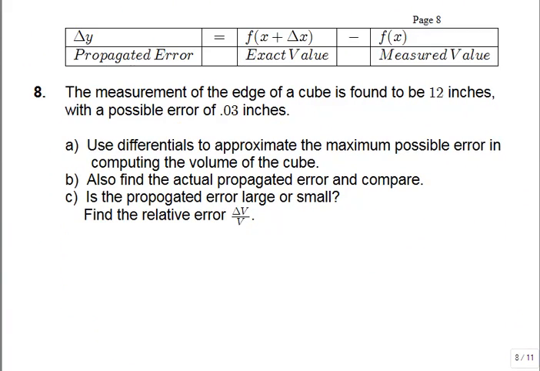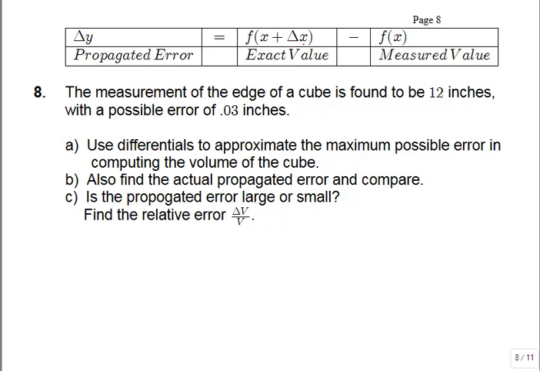Now let's see some applications about why differentials are useful and important. This is something you would see if you were a scientist doing experiments and possibly have some measurement error in your experiment. So here's a couple of vocabulary words. Delta y, we know by definition, is f of x plus delta x minus f of x.